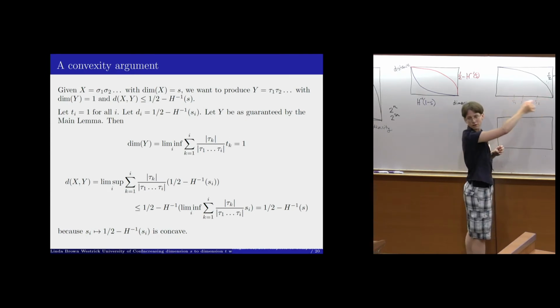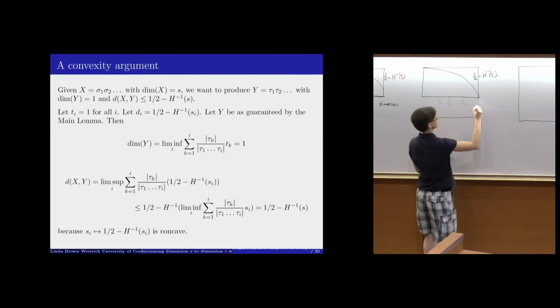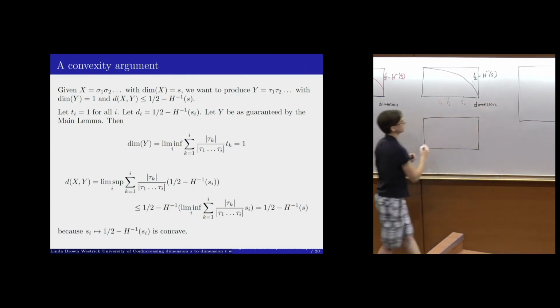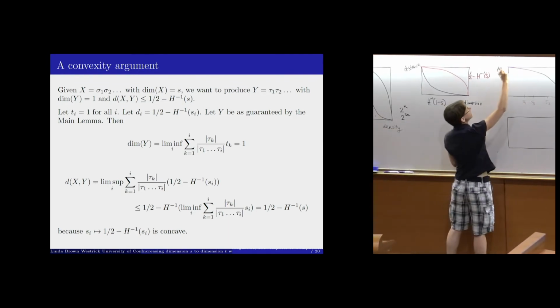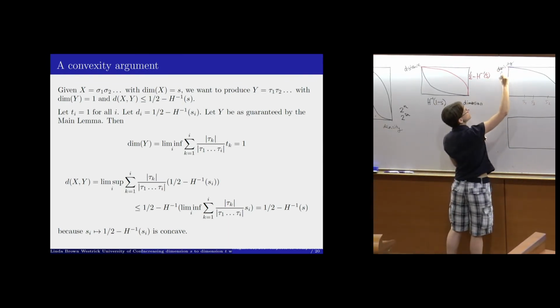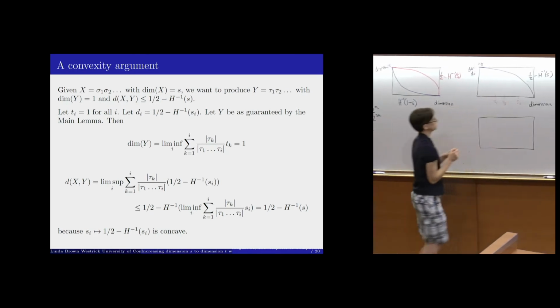They appear at various locations. So this is conditional dimension for the initial segments of X. And then here are the densities d_i that we're going to get changed to.